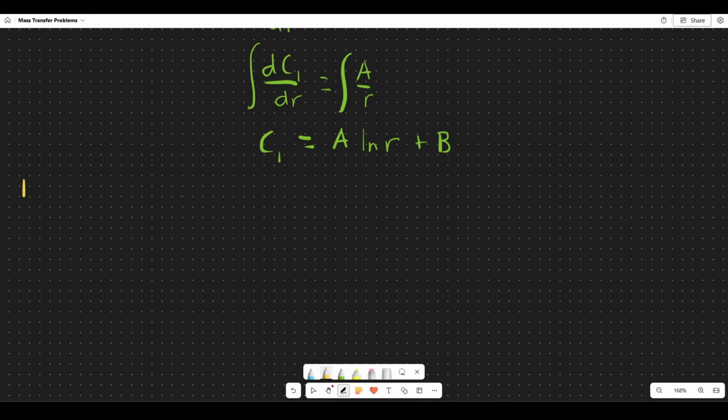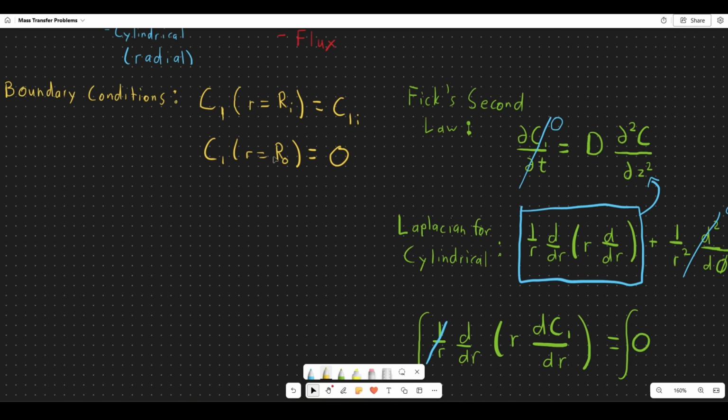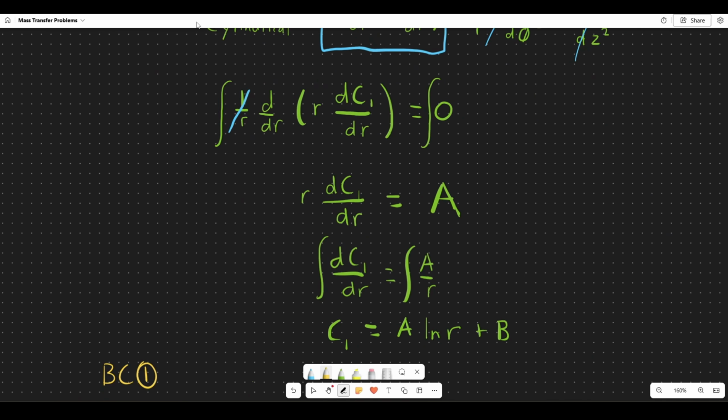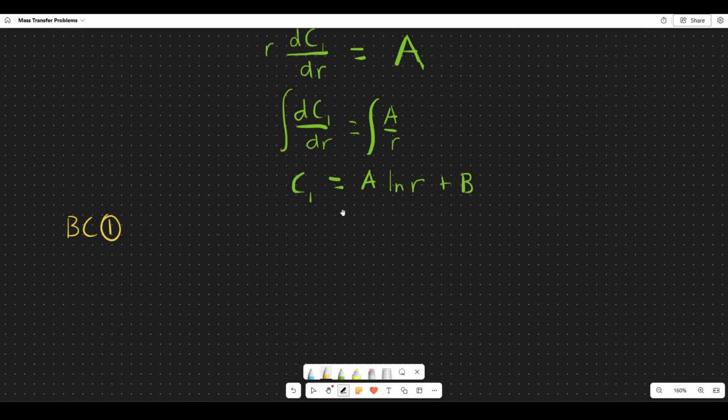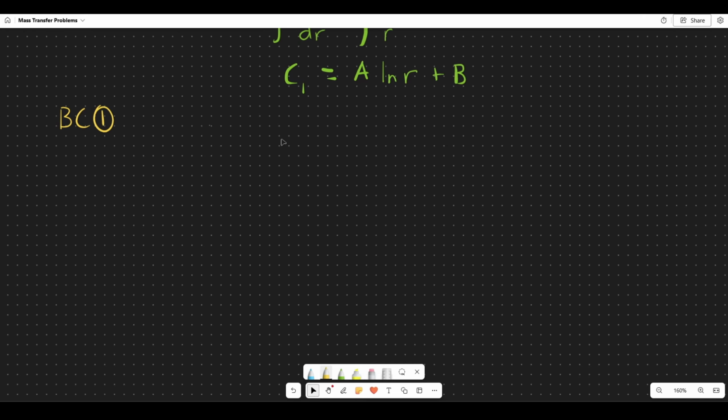So boundary condition 1, right? What was our boundary condition 1 if we scroll back here? It was that C1 at r equals the inner radius is C1I. So BC1 is C1 at r sub i is C1I.